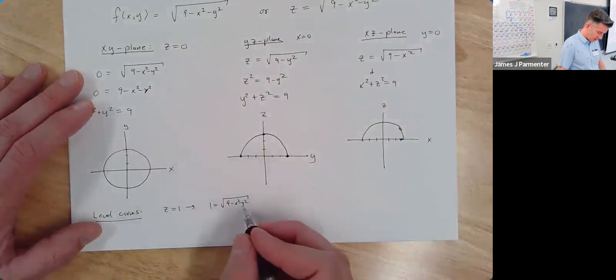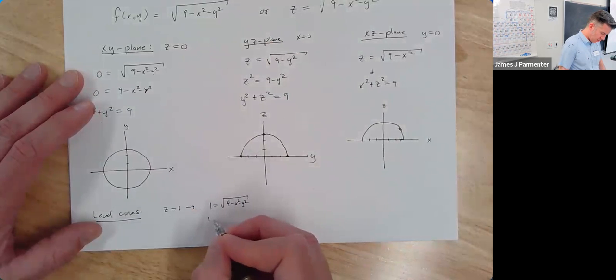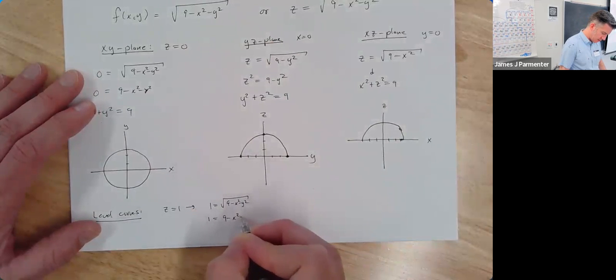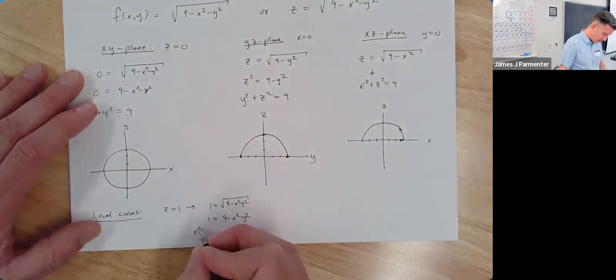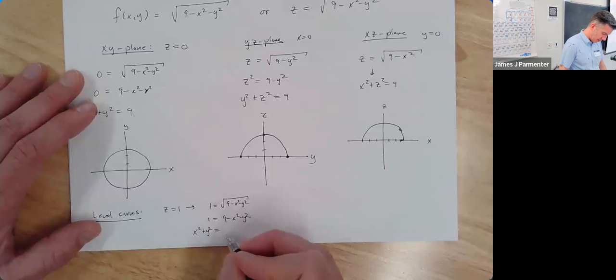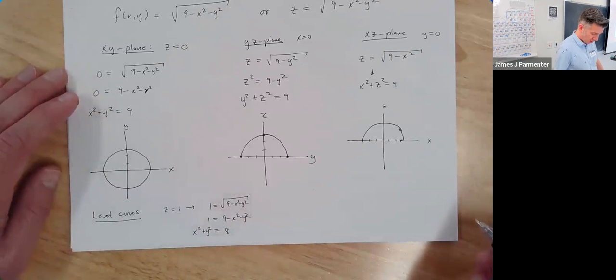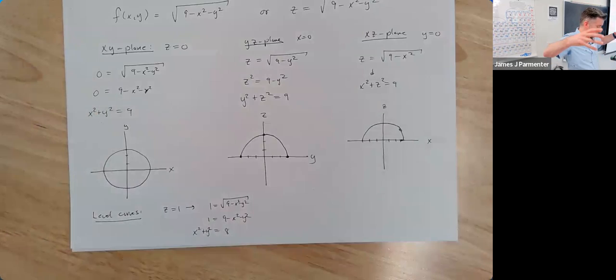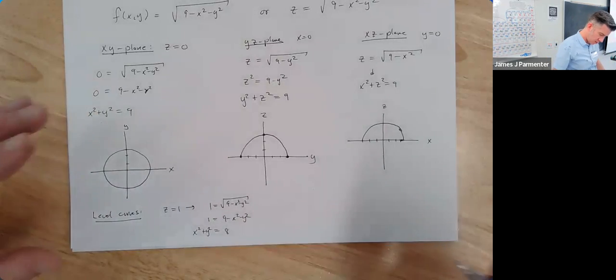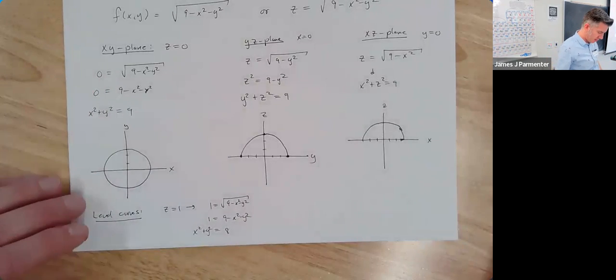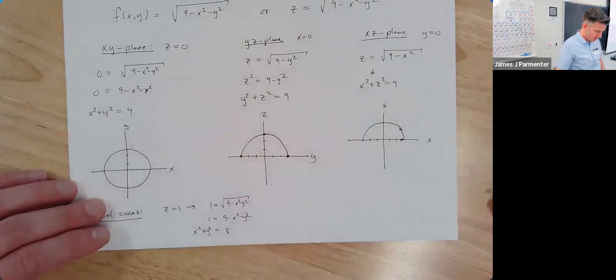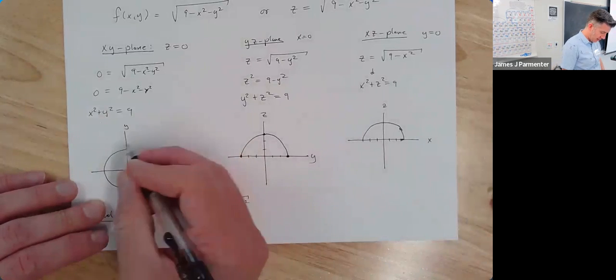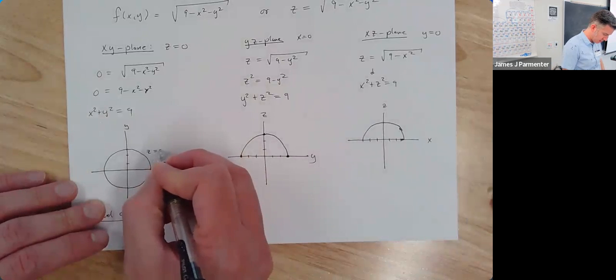And solving for x squared plus y squared, I get 1 squared equal to 9 minus x squared minus y squared, or x squared plus y squared equal to 9 minus 1. So at a height of 1, if I go up a little bit, the level curve is a circle with a smaller radius than 3. So I'm just going to throw my level curves on here. This level curve here in the xy plane is when z is equal to 0.